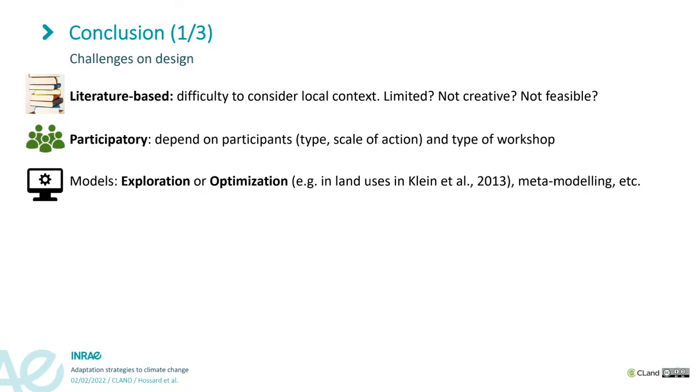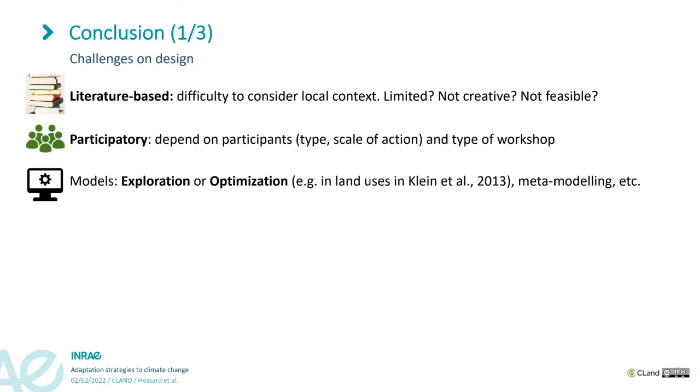I mean, it could work perfectly with models, perfectly with experiments, but what in your specific case, with your specific context? Moreover, they could be limited. Researchers do a lot of stuff, but they may not think of everything, especially in combinations of adaptations. So it could limit creativity, and maybe those adaptations will just not be feasible in the field, in the specific context you are working with.